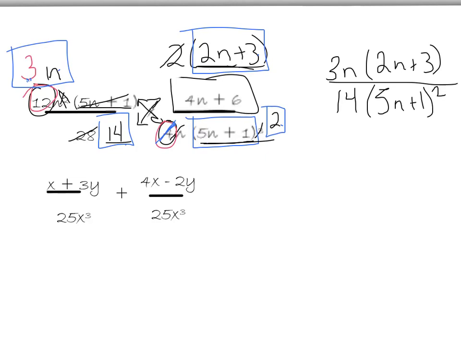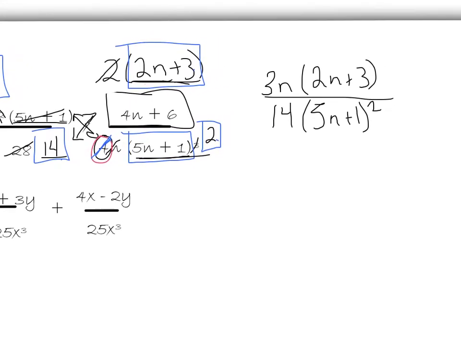Now right away I don't see anything else that can be canceled. So this is my final answer. You can multiply it out so that you get a solid answer, but this is your final answer. This is all that can be canceled at this point.